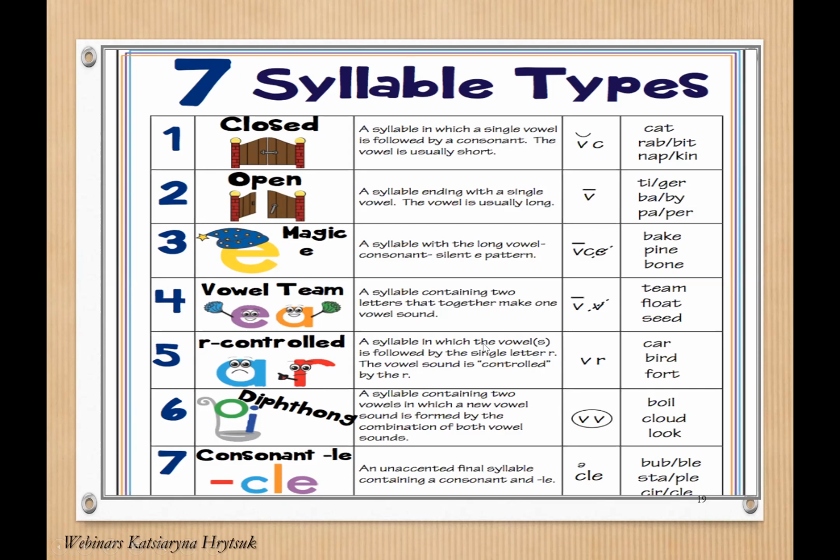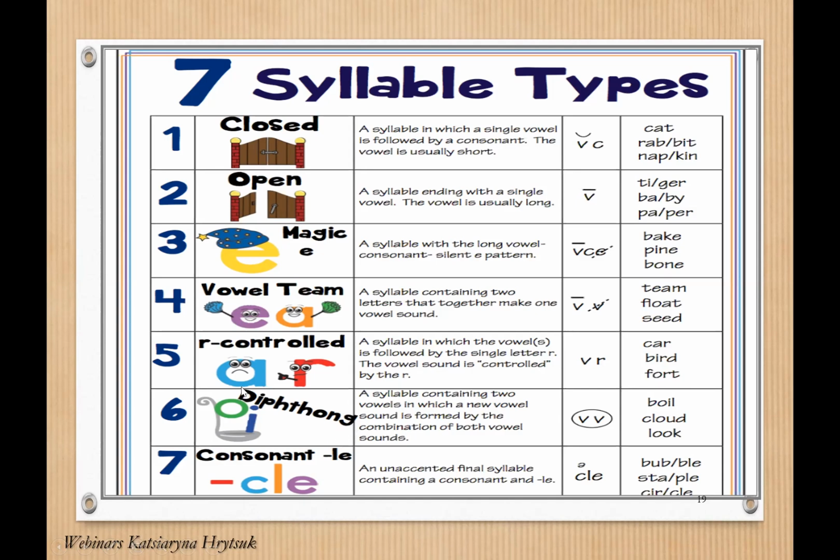So a syllable in which the vowel is followed by the single letter R. So the vowel sound is controlled by the R. This is Mr. Controller, we call, okay? So car, not car. We don't read car, right? We read car, we read bird, food, okay? So that is the difference.